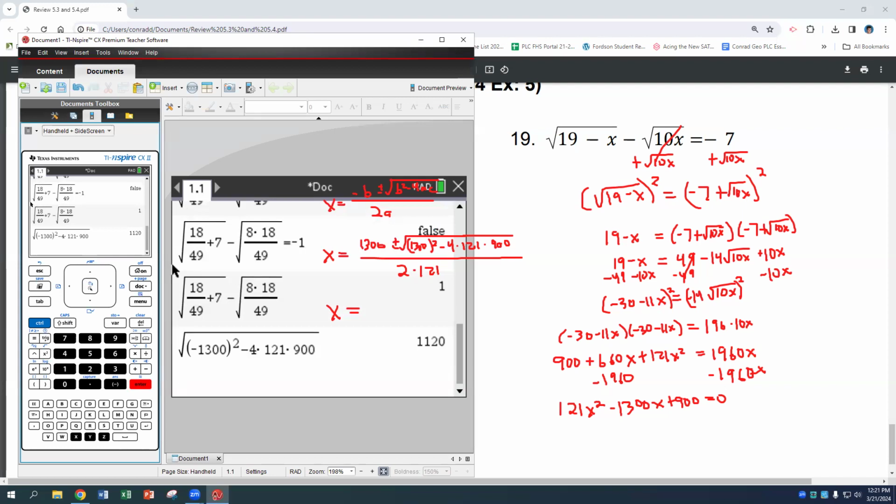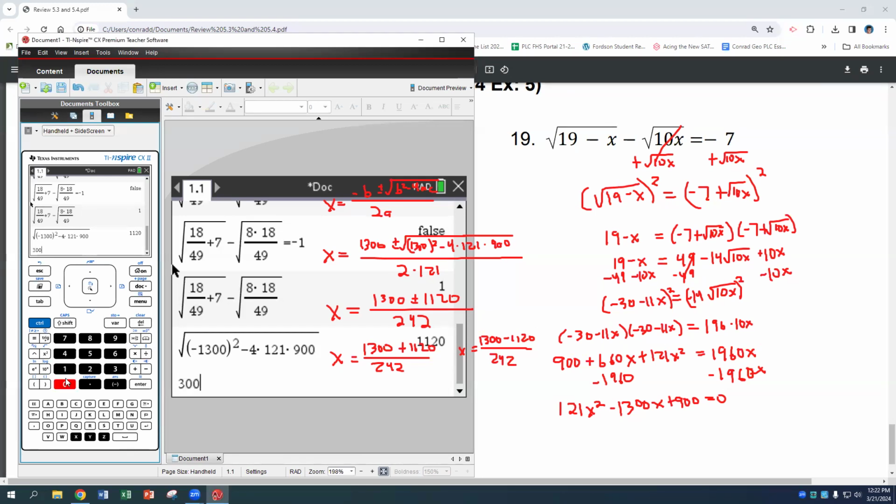1,120. Okay, so I get 1,300 plus or minus 1,120 all over 2 times 121 is 242. So my two solutions here, I'm going to have 1,300 plus 1,120 over 242. And I'm going to have 1,300 minus 1,120 all over 242.